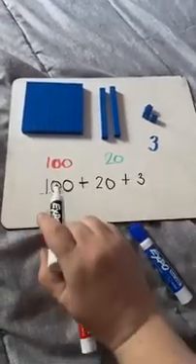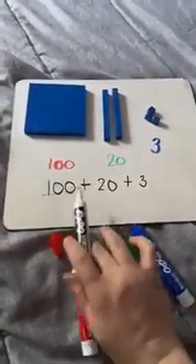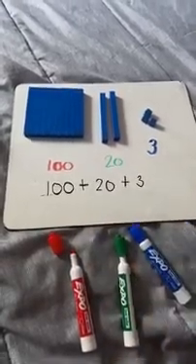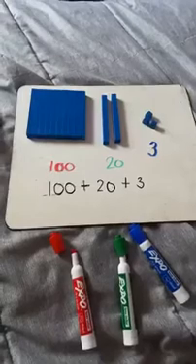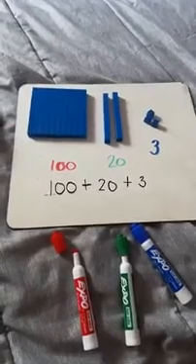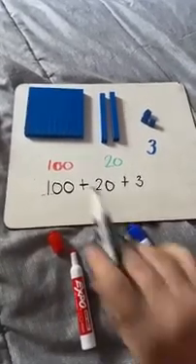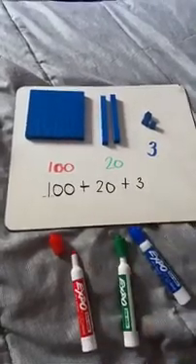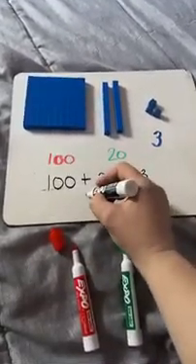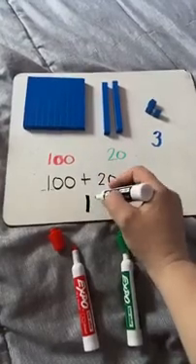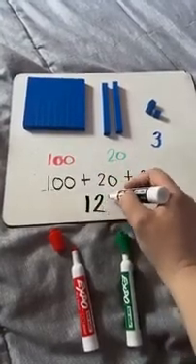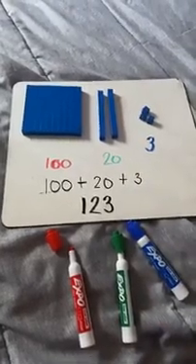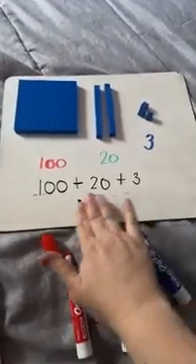Okay, so I can write this number out. I have 100 plus 20 plus 3. And then finally I want to take that one step farther. What would my number be then? If I have 100 plus 20 plus 3. You're right, I have 123.